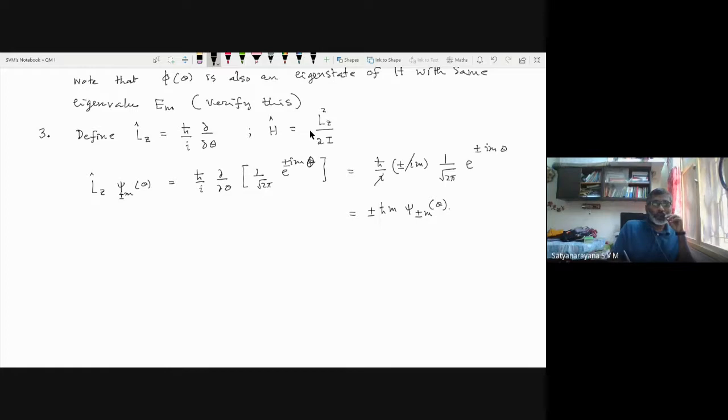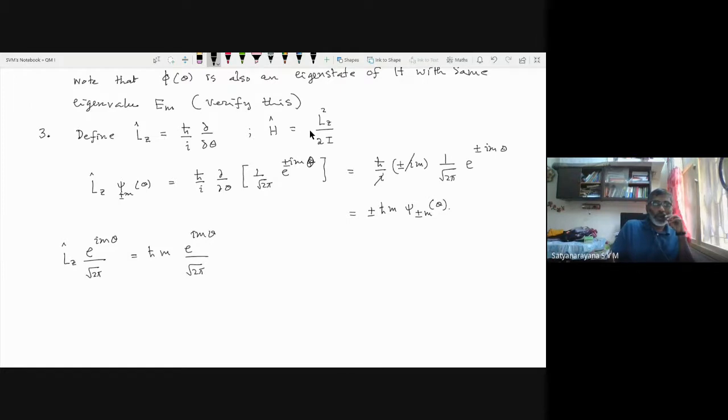So you notice that e to the power im theta divided by root 2 pi is an eigenfunction of Lz with an eigenvalue h bar m. Lz acting on e to the power im theta by root 2 pi gives h bar m times e to the im theta by root 2 pi.